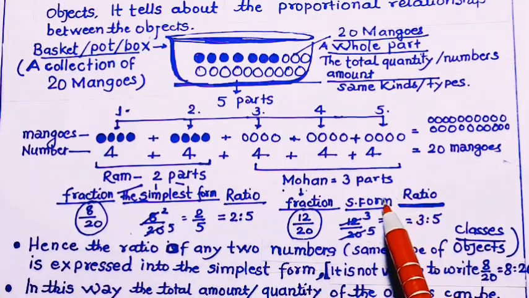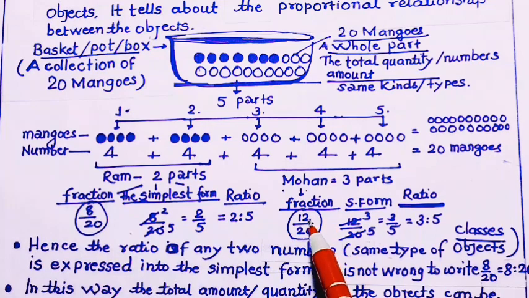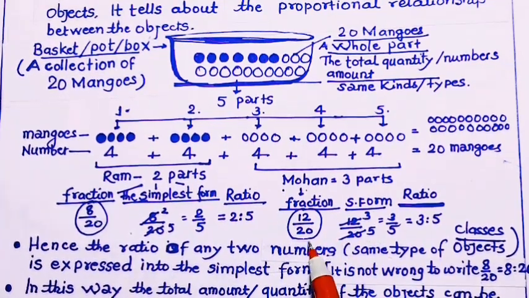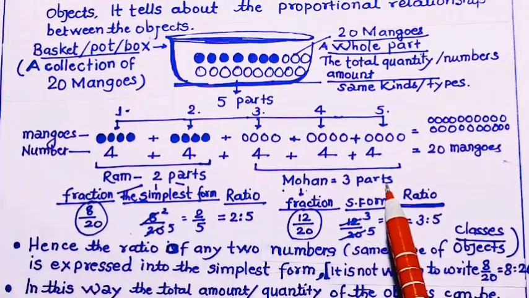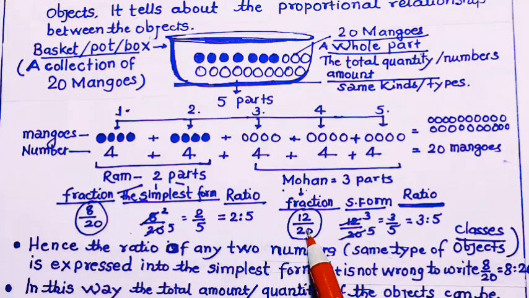are written as a fraction, it will be written in this way: 12 by 20. If Mohan takes 3 parts, then he will have 12 mangoes out of 20 mangoes, and this will be written 12 by 20.